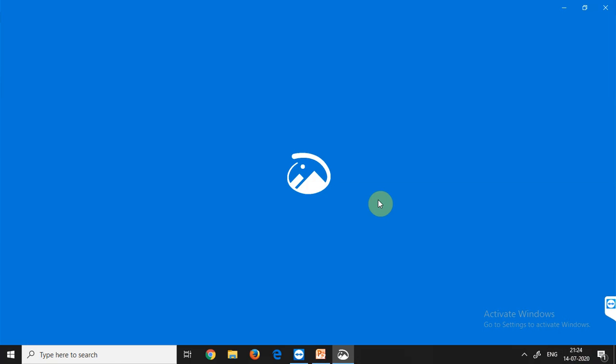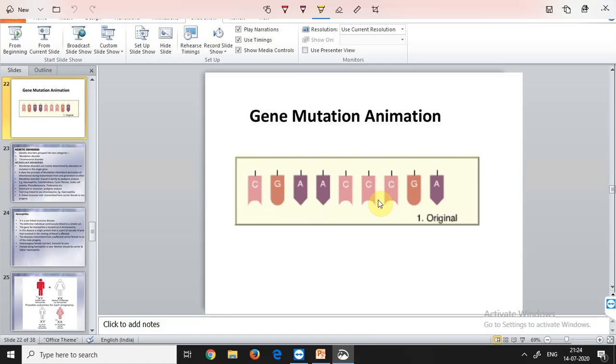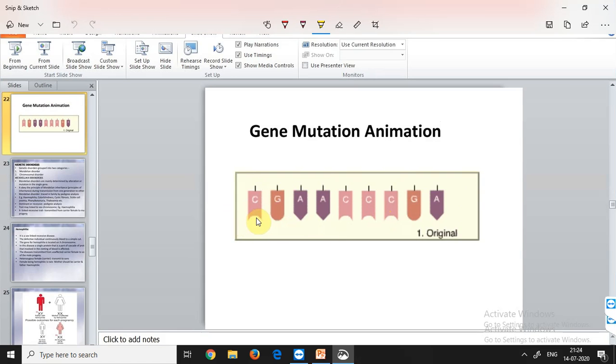This is original: G, C, G are pairing together, A, C, C, C, G, A. So now a frame shift mutation has occurred. What happens when frame shift mutation occurs? Like consider deletion. So this now is removed. Now it becomes C, G, A, C, C, C, G and A.